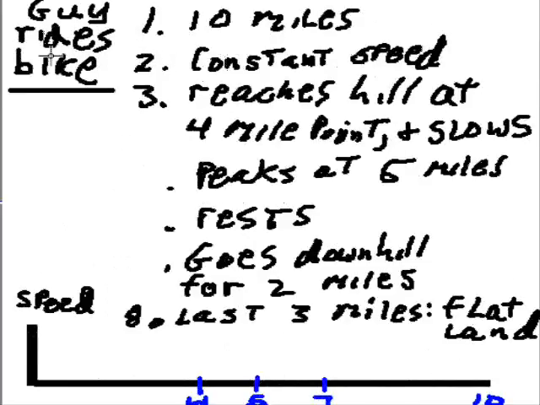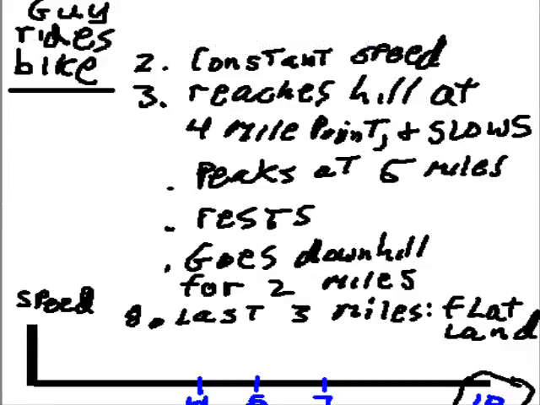So here's our next problem. We're going to graph this. A guy rides a bike. Well, the trip is going to be for 10 miles. So there's our 10 miles over here. He's going to ride this bike for 10 miles. All right? Let's get rid of this. It's going to be at a constant speed.